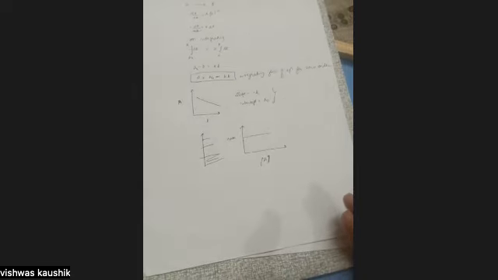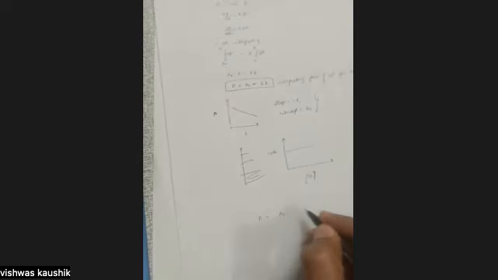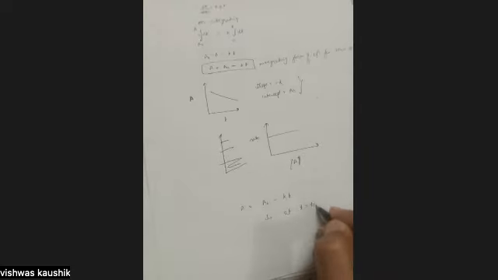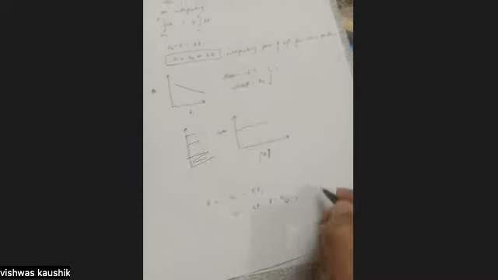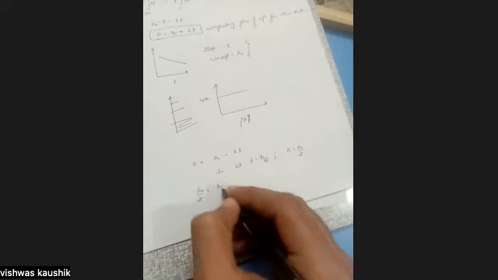So from the integrated form A is equal to A naught minus kt, at t is equal to t half, A will be A naught by 2. So A naught by 2 is A naught minus kt half, and t half will be A naught upon 2k.